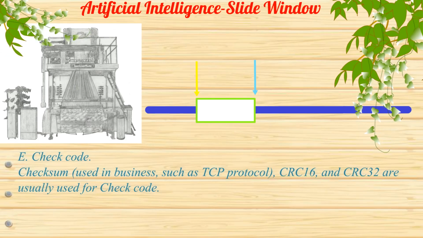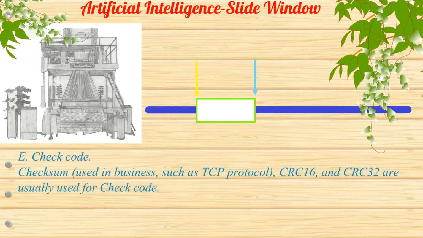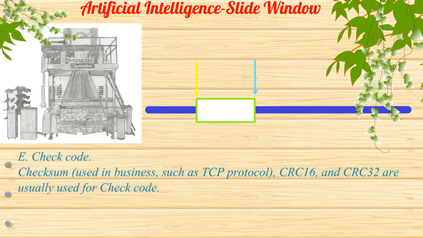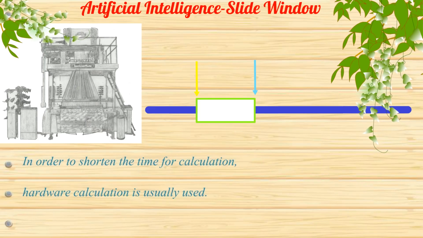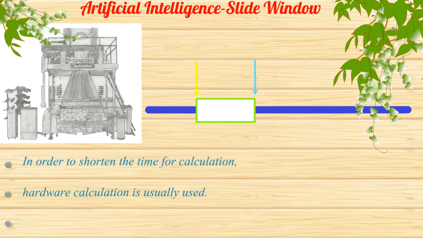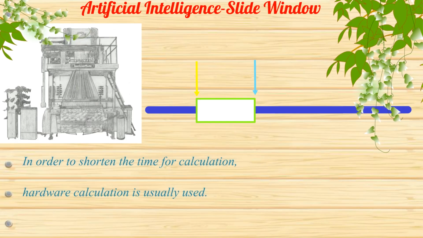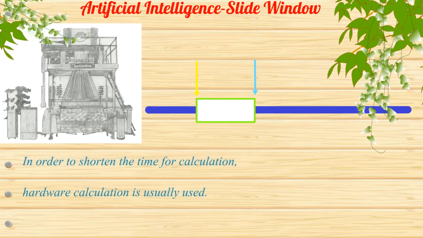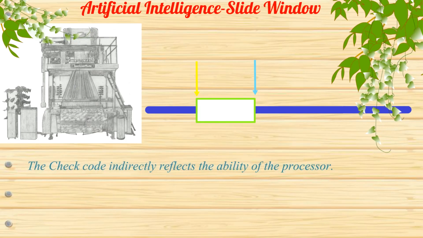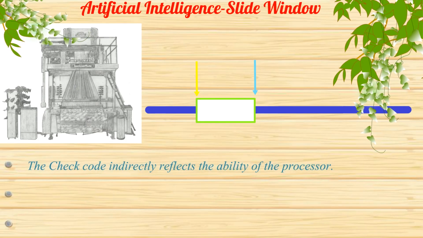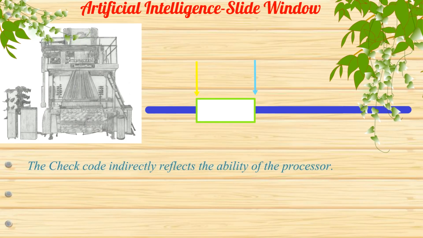CRC16 and CRC32 are usually used for check code. In order to shorten the time for calculation, hardware calculation is usually used. The check code indirectly reflects the ability of the processor.